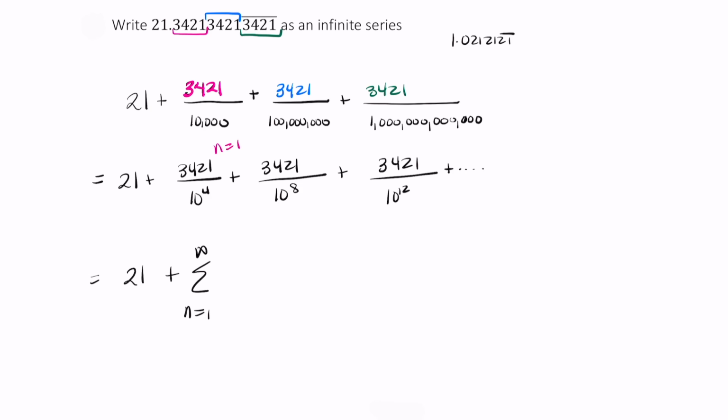This is our n equals 1 term. Our numerator remains fixed, so it does not need any ones attached to it or multiplied, added, nothing. Our denominator, if you notice, is always 4 times this value. 4 times 1 is 4, 4 times 2 is 8, 4 times 3 is 12. So this will be 10 to the 4n power. I hope this video has been helpful.